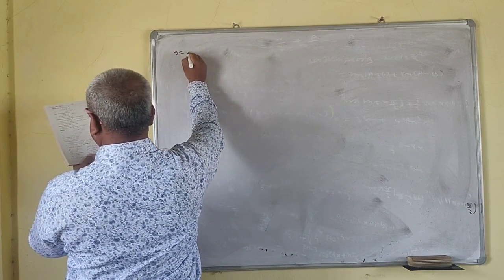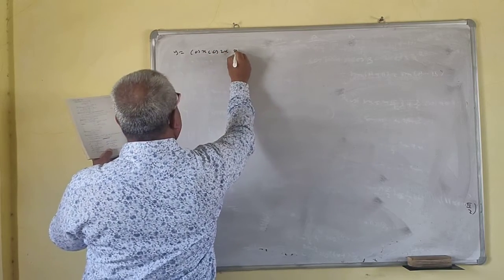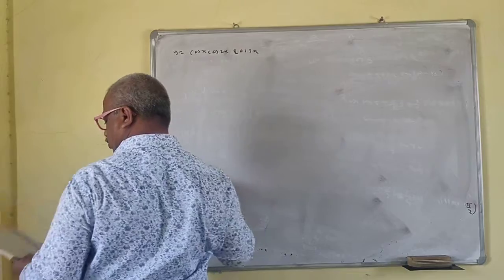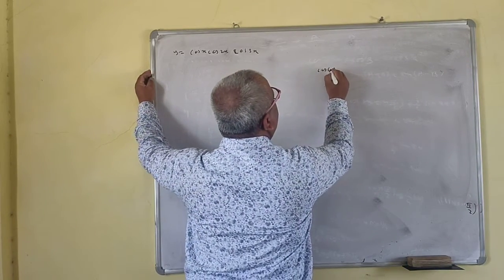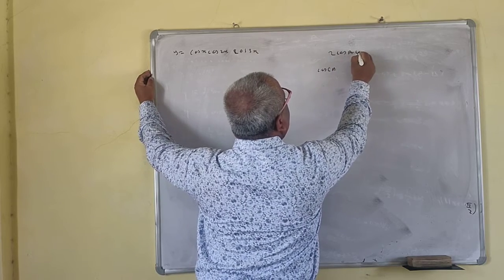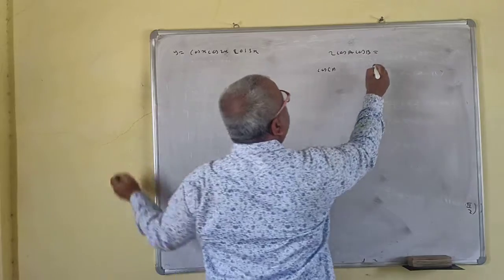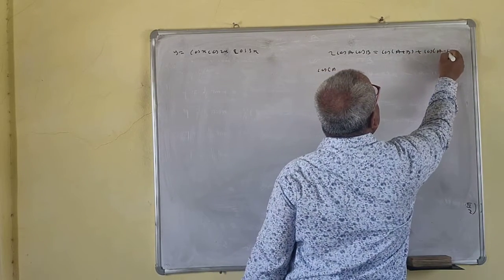Y is equal to cos x, cos twice x, cos 3x. So you know the formula for 2 cos a cos b. 2 cos a cos b is equal to what? Cos a plus b plus cos a minus b.